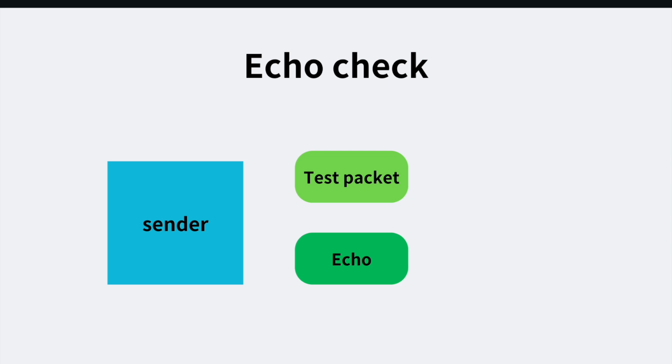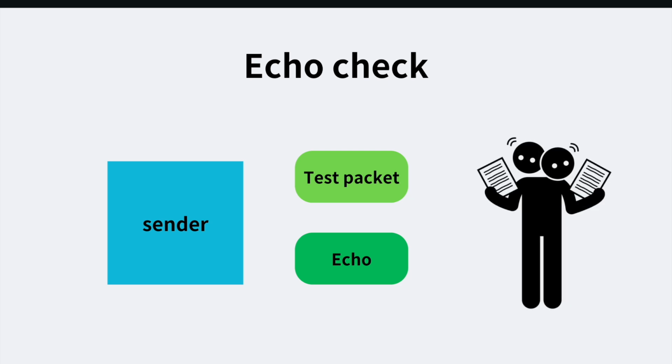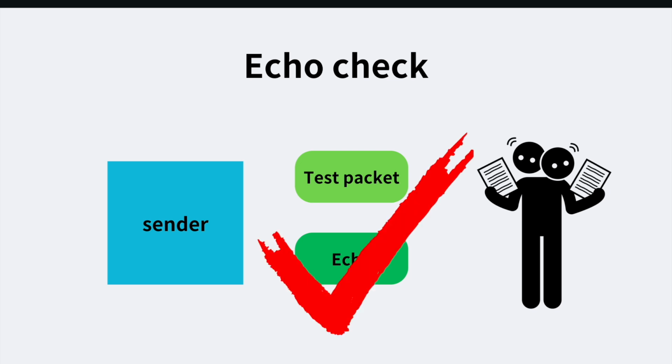Then the sender compares the echo with the original test packet. If these 2 are the same, then the sender will indicate that the data was transmitted accurately and completely, so transmission can continue.